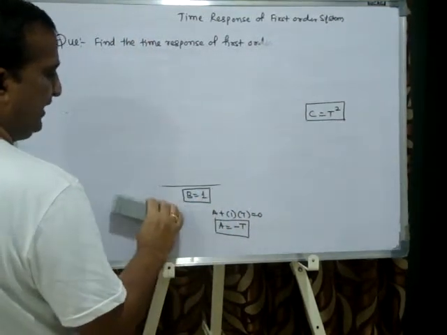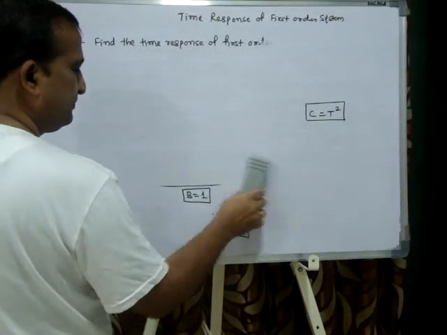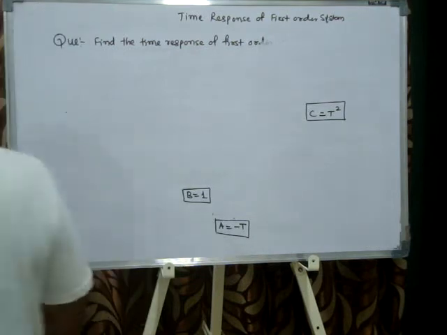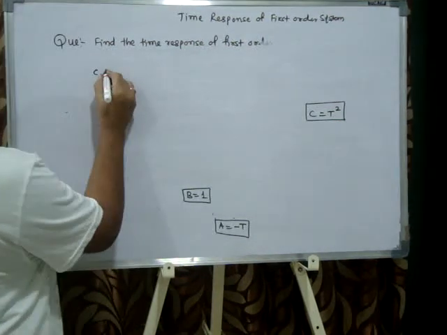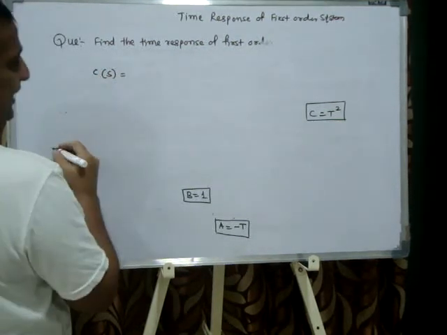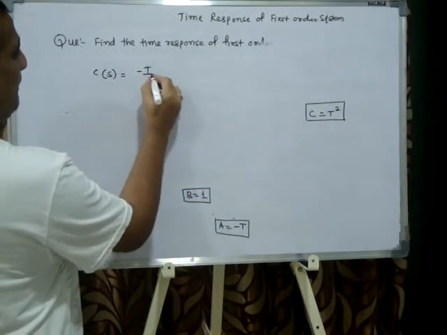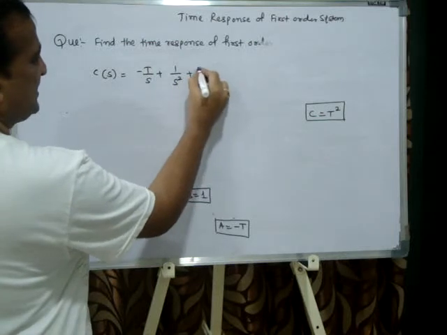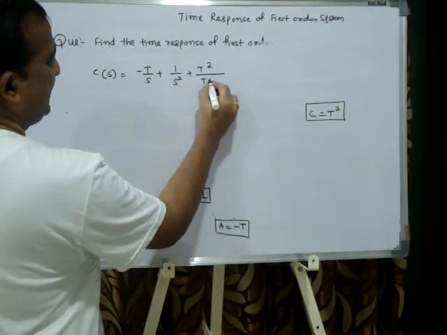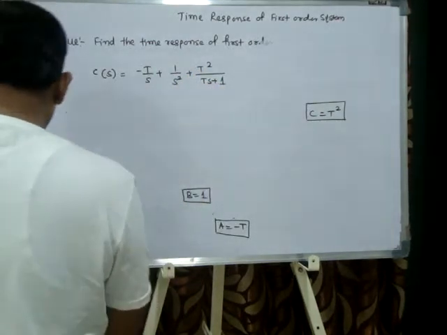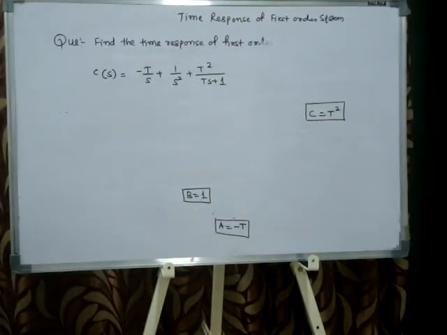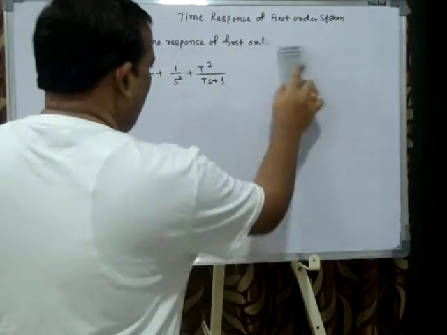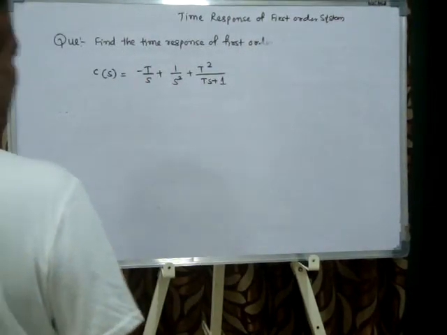So C of s equal to A by s plus B by s square plus C by Ts plus 1. You have substituted the A, B, C values. Now you have to take inverse Laplace. But before taking inverse Laplace, some modification is required.